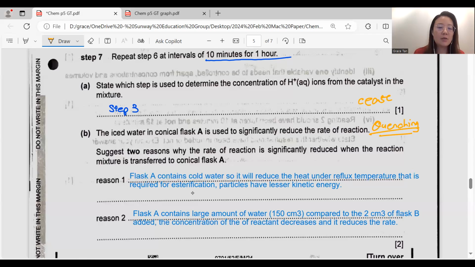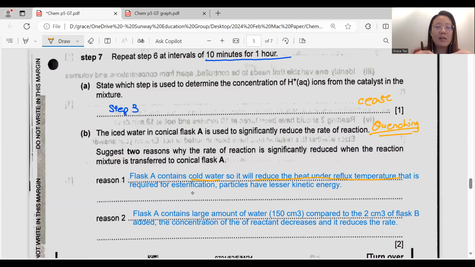Suggest two reasons why the rate of reaction is significantly reduced when the reaction mixture is transferred to conical flask A. First, flask A contains cold water, so it will reduce the temperature. I think a bit deeper, because the hydrolysis requires reflux, in organic chemistry. When you pour cold water, it will lower the temperature.